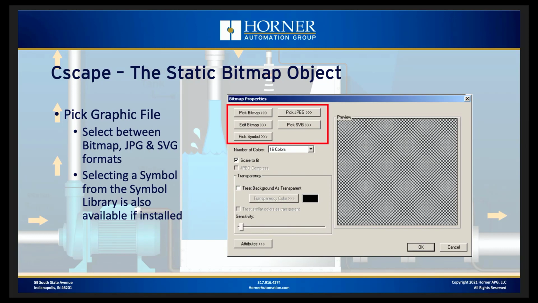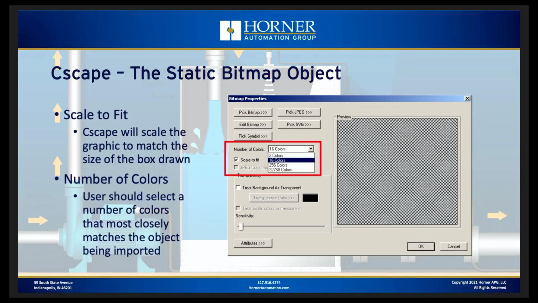Now, once you've selected your graphic, there are some important configuration options on the dialog box that if you don't get those right, you're not going to get the results that you want. Let's start with the scale to fit checkbox. So I always recommend that when you're bringing a graphic into Cscape, that you start out with the scale to fit checkbox not checked.